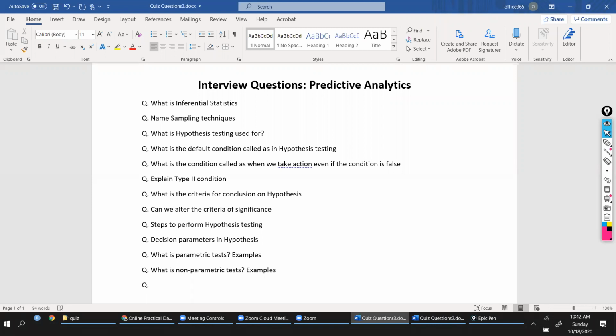Non-parametric test cases are your chi-square test, Mann-Whitney test, Mood's median test, Kruskal-Wallis test. These are non-parametric tests.